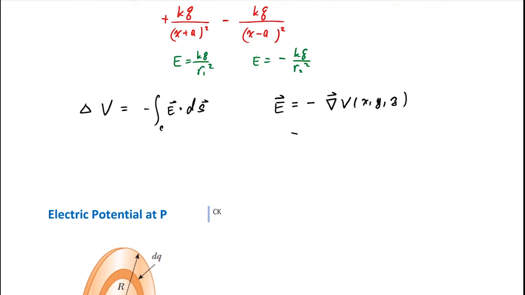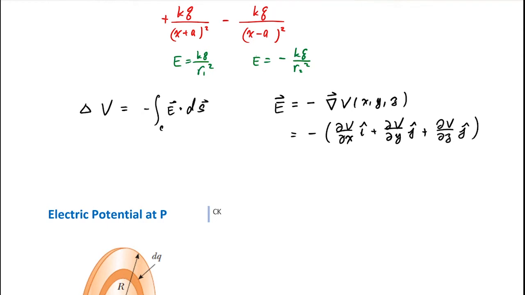This thing looks scary because it looks like this: the negative of the derivative of V with respect to x, i vector, plus the derivative of V with respect to y, j vector, plus the derivative of the same V with respect to z, k vector. It's multivariable calculus, and you're going to learn this next year.